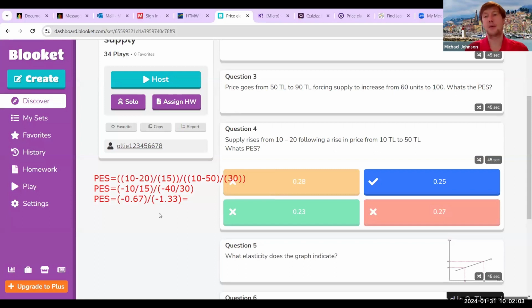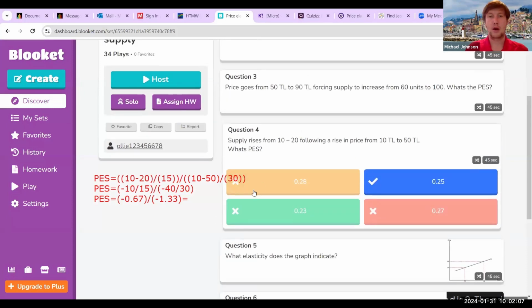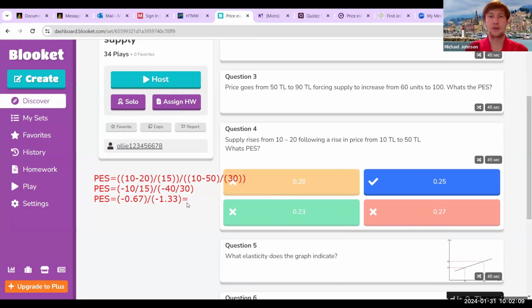So it would be about 0.50 roughly in that case. But you can get a different answer if you do the percentage way. This would be a more accurate response with the midpoint method here. But let's try the percentage method.